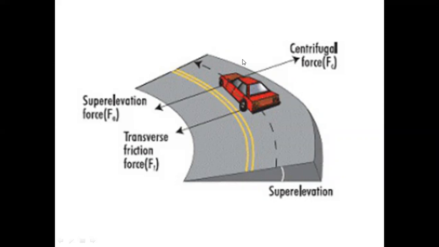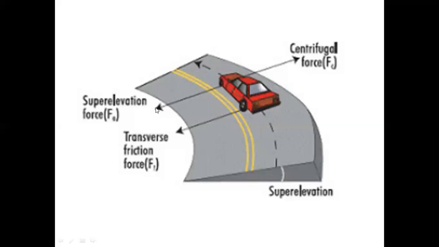Understood? See here, now this is the vehicle. When the vehicle is traversing this circular or horizontal curve, the centrifugal force is pulling the vehicle outwards. What is happening now because of the super elevation?